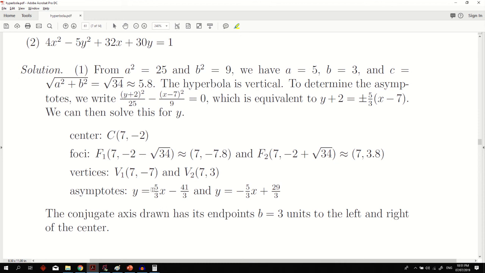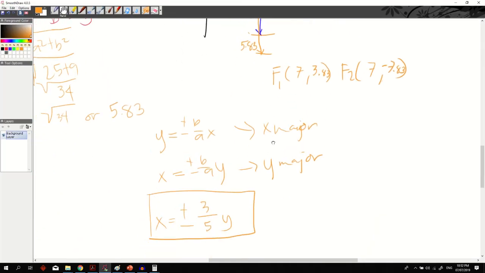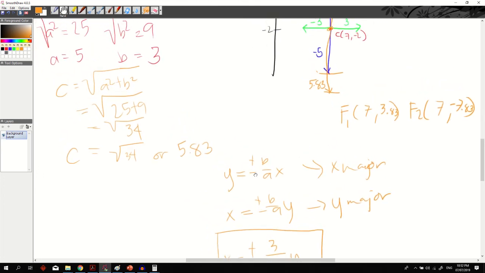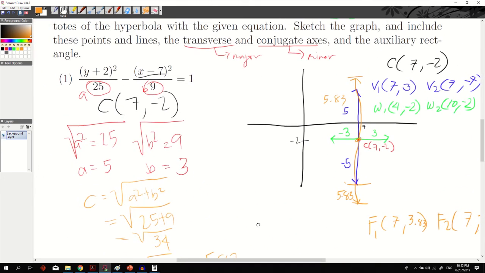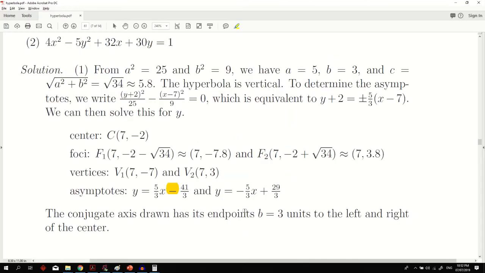Okay, what happened? Why is this having negative 43? Negative 41 minus 3. Let's check that out. Supposedly our b is 3, then over 5.